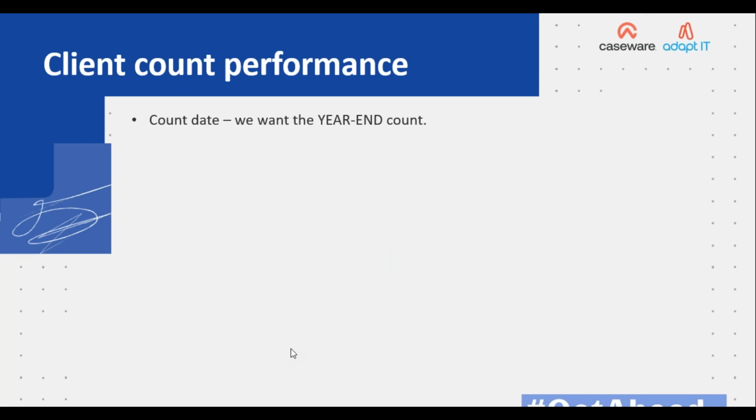Let's now move to our client count performance. Now, remember, we are assisting at the client count. So the count date that we want is the year-end count. The client needs to have all the procedures in place to ensure that the year-end number is correct.